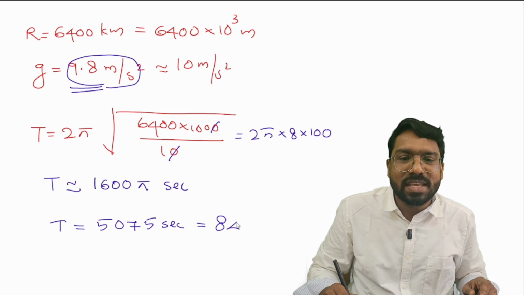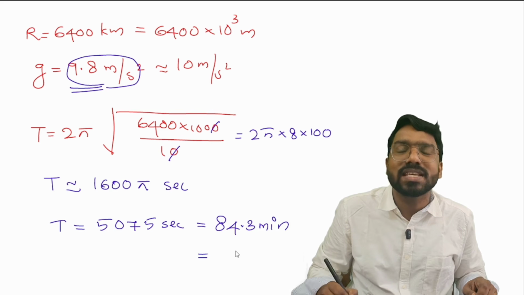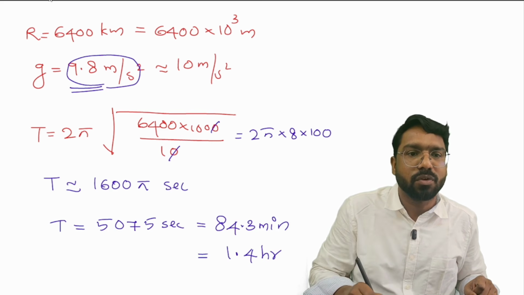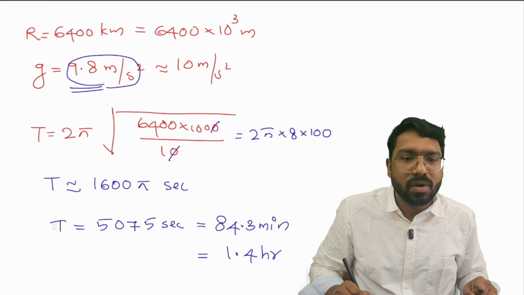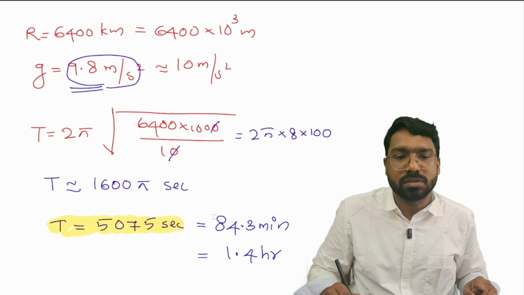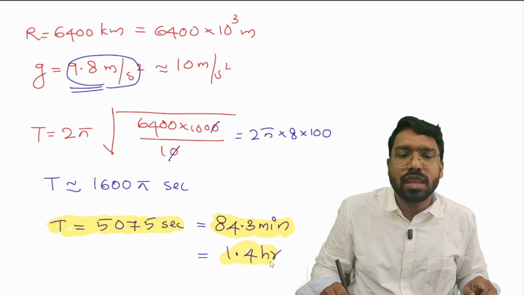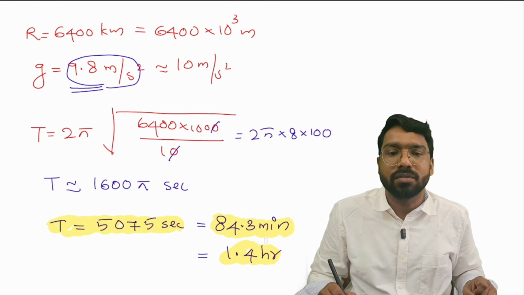It is equal to 84.3 minutes and it is equal to 1.4 hour. So, what is the time period of infinite length pendulum? 5075 seconds, or 84.3 minutes, or 1.4 hour.